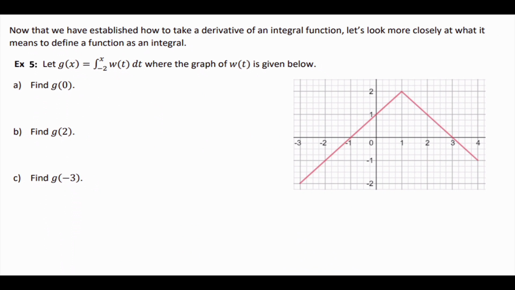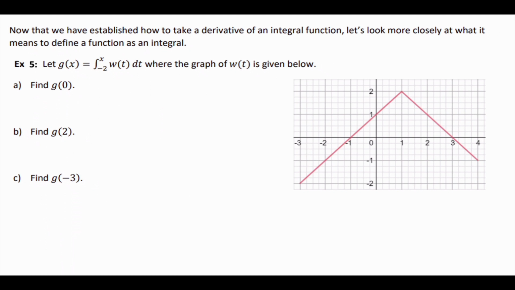We asked questions like, where is the function increasing and decreasing? Where is the function concave up, concave down? Where are the critical values? Where are the points of inflection? We asked all of those questions last semester, right? When we were talking about derivatives, guess what? It's coming back. We're going to do that again. We're not there yet, but that's what we're getting to with this.